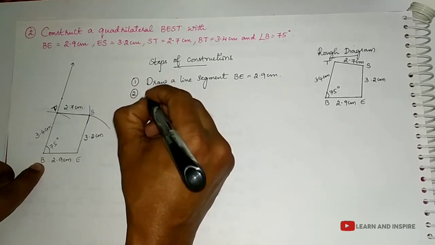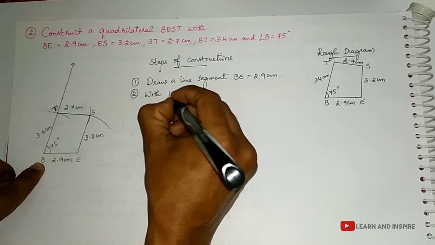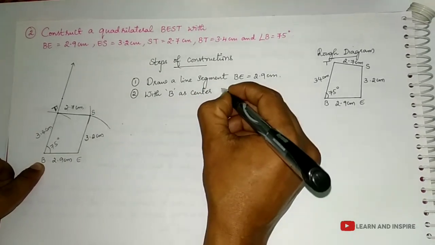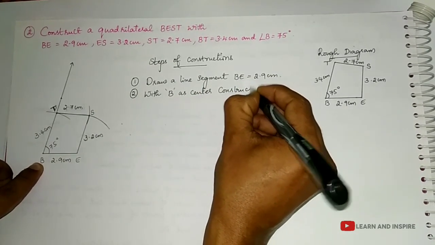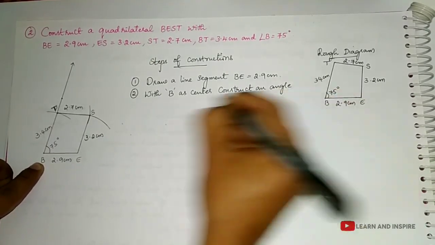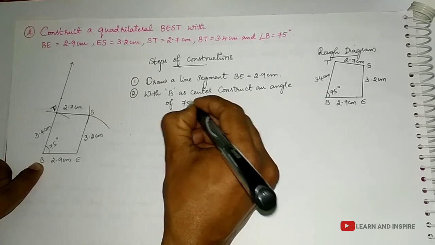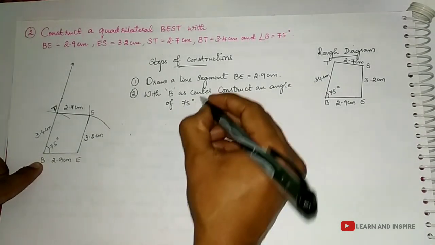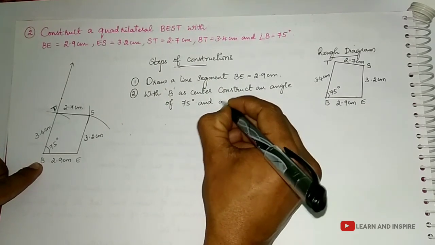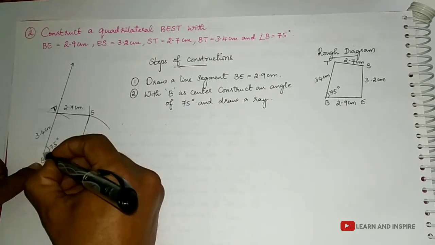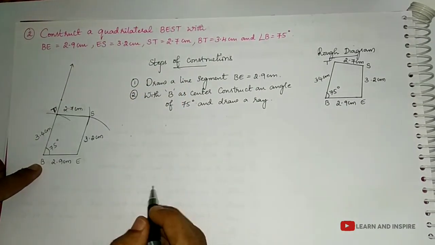With B as center, construct an angle of 75 degrees. So we have constructed an angle of 75 degrees and draw a ray. So BT is a ray.